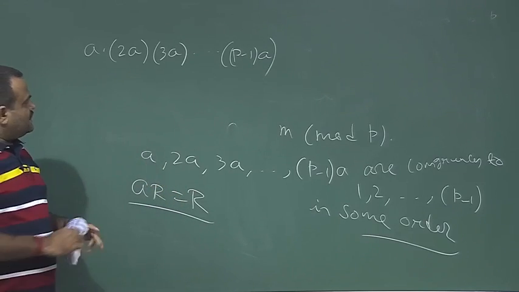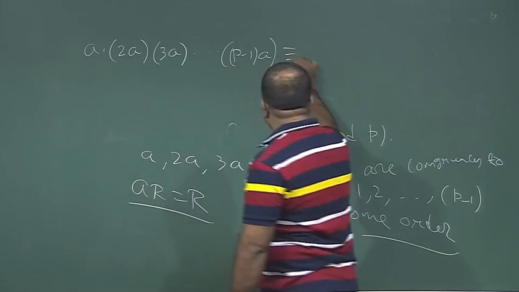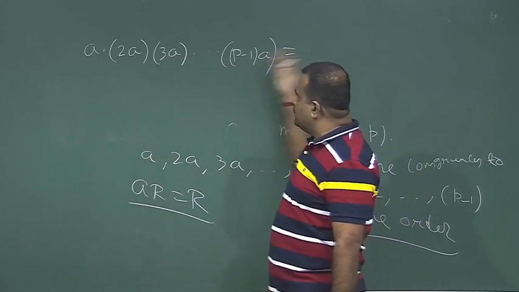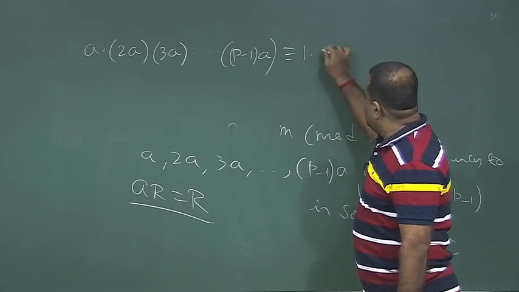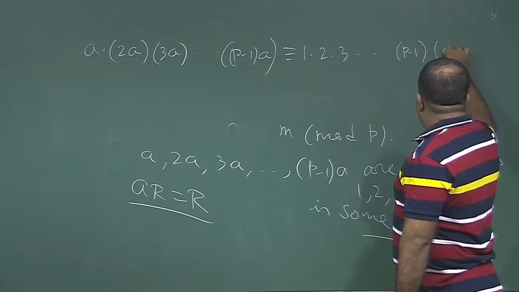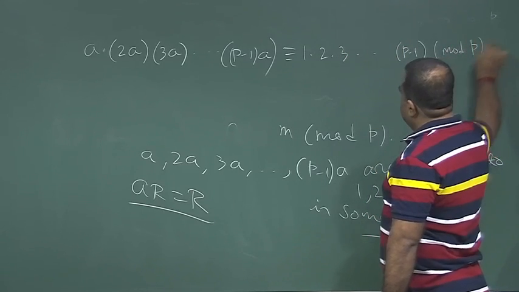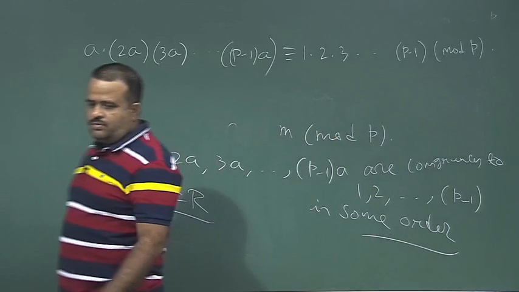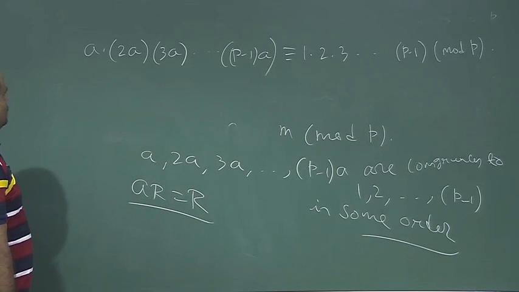So, that means this set must be congruent, in some order, it need not be that A is congruent to 1, in some order they are congruent to this set 1 up to P minus 1.